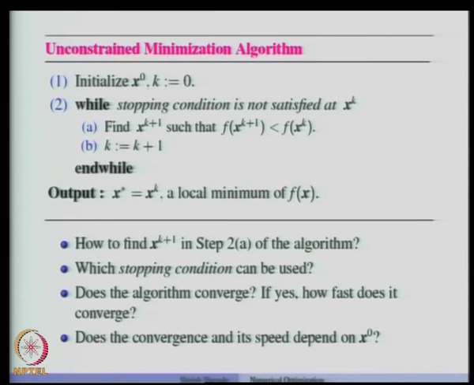We will start answering some of these questions in the next class, and then move on to some of the methods which get a point xk plus 1 in this step of the algorithm, such that the value of the function decreases with respect to the current point. There exist different methods, so we will study those methods sometime later in this course. Thank you.